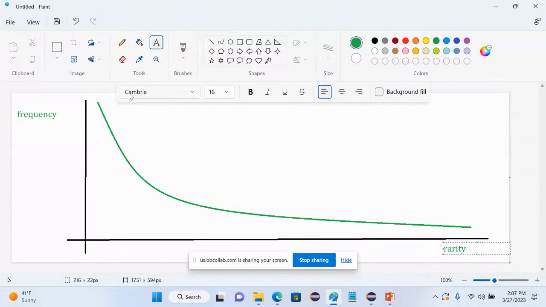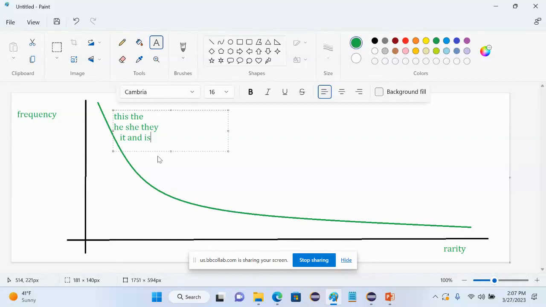So for example, if you're trying to construct a zipf distribution about what words are more often seen in American English, you might see some very common words like the, or this, or he, or she, or they, or it, or and, or is, right?